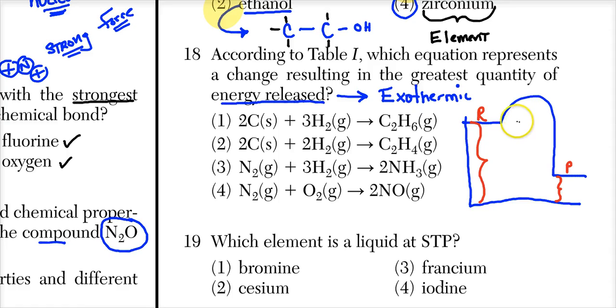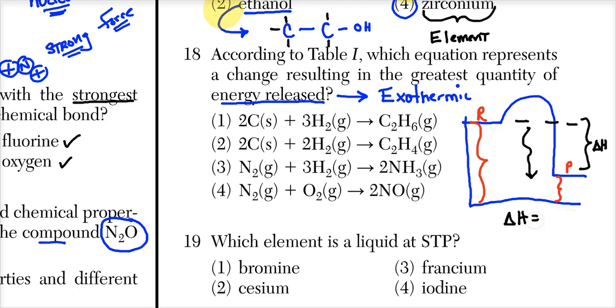And the difference of where I start and where I finish is delta H. And because I'm going down, delta H is negative. Okay? So delta H is negative.